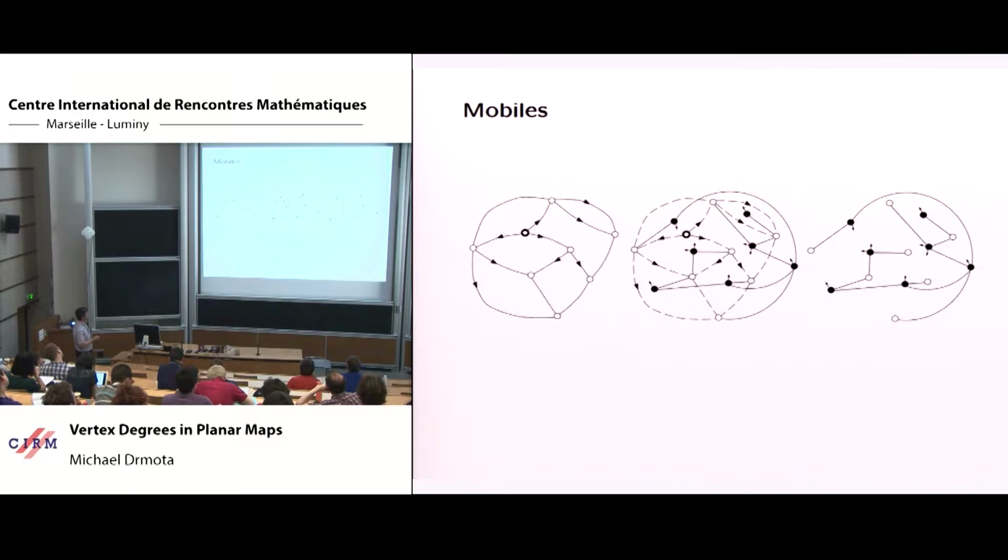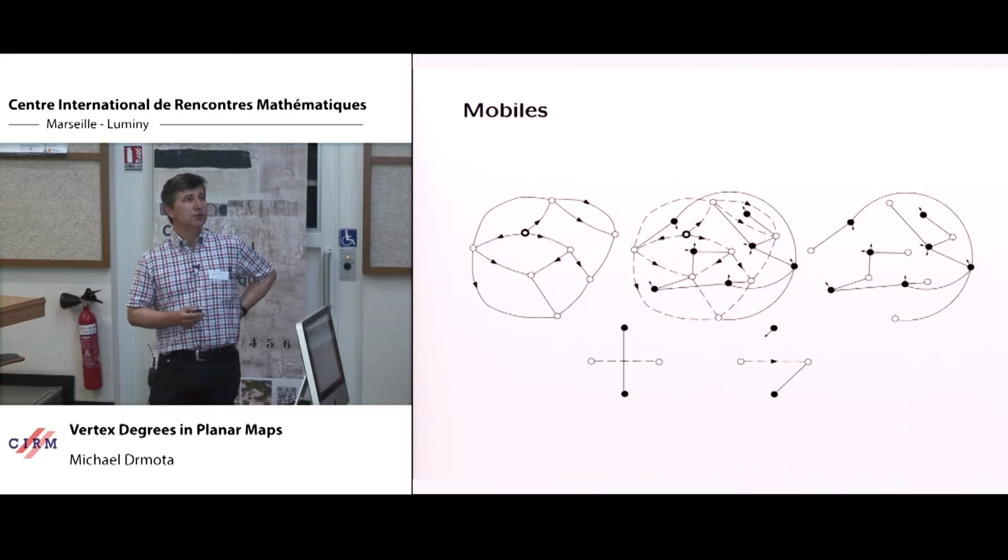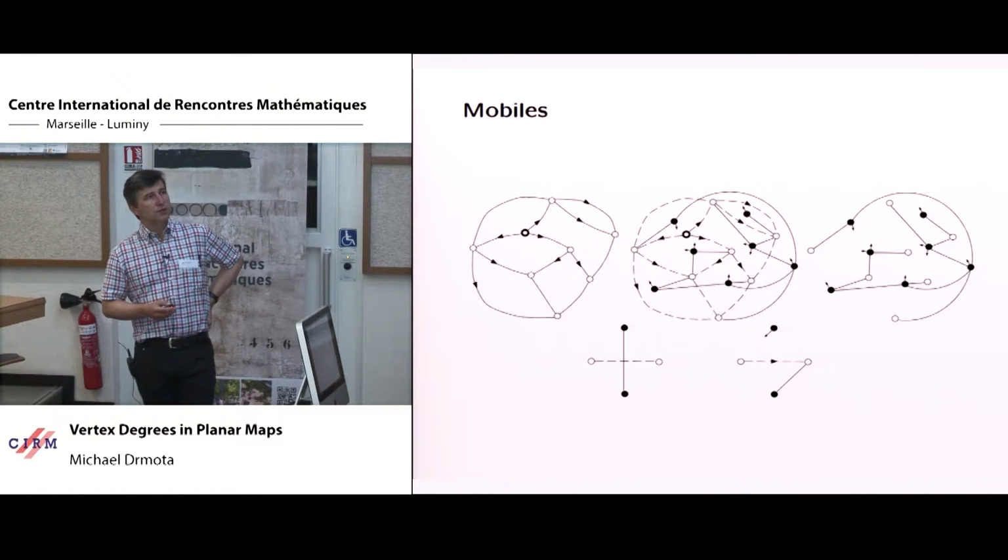The next step is that at every face you put a black vertex, and then you use the following rule. The edges will be dashed, of the original map, and if you have a non-oriented edge, you put an edge between the two black vertices corresponding to the two neighboring faces. So here is an example. If I have this face and this face, this is non-oriented, so I connect these two black vertices here.